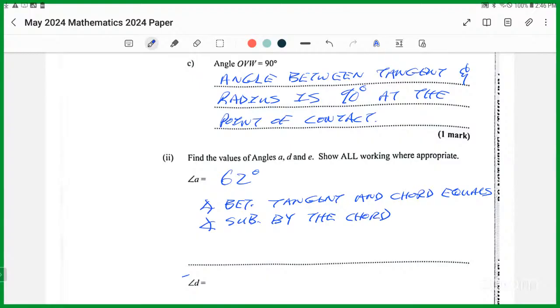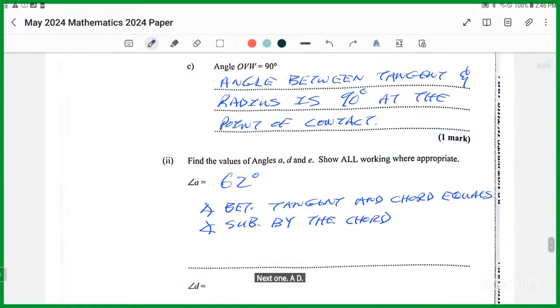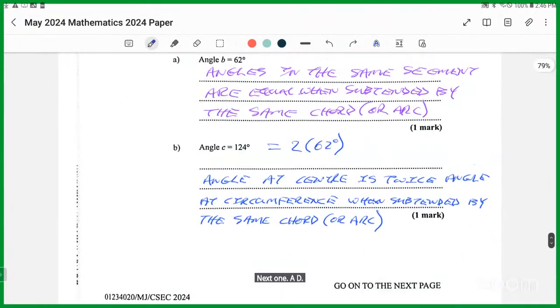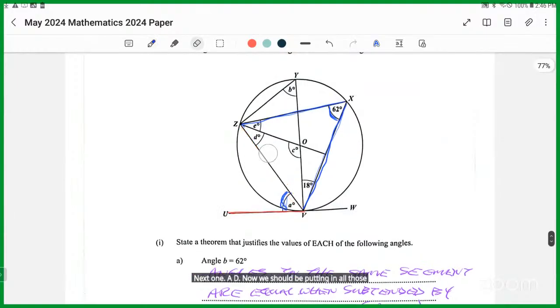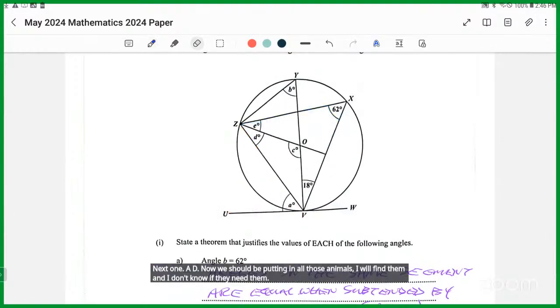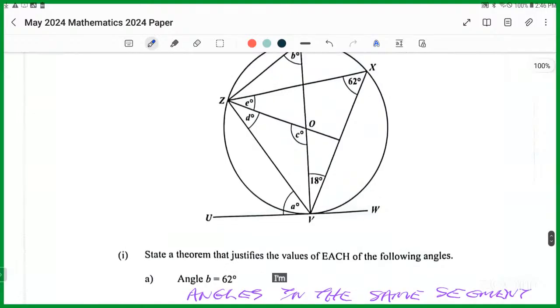Next one, angle D. Let's look at the diagram for angle D. Now we should be putting in all those angles. Angle D is right here. But angle D is kind of easy because we know C already, right? And this triangle is an isosceles triangle.